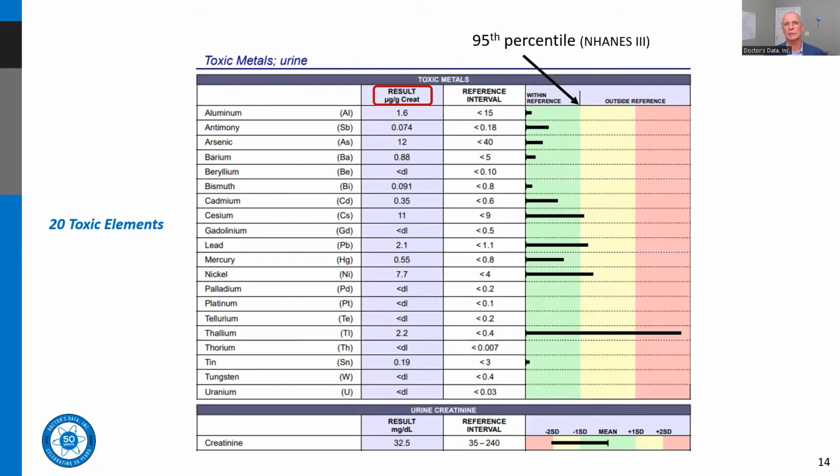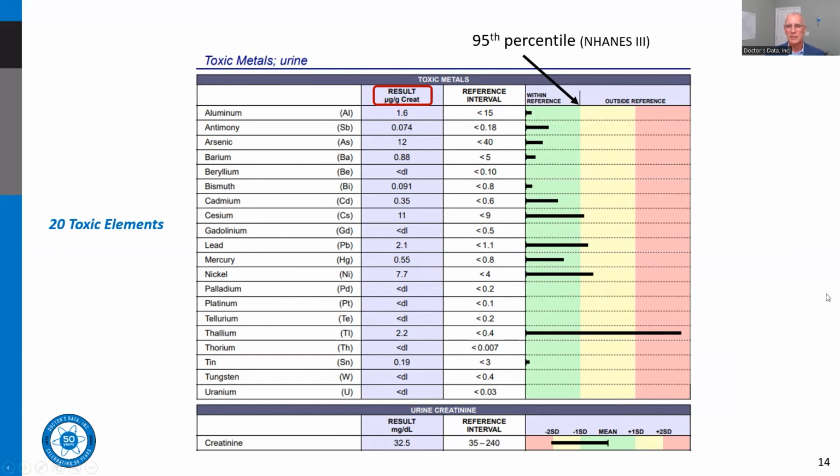So here's our actual test report. Our reference values represent the 95th percentile from the NHANES-3 study, confirmed by our own population studies. We report the metals as micrograms per gram creatinine. That's an internal standard. And we are reporting 20 toxic elements.